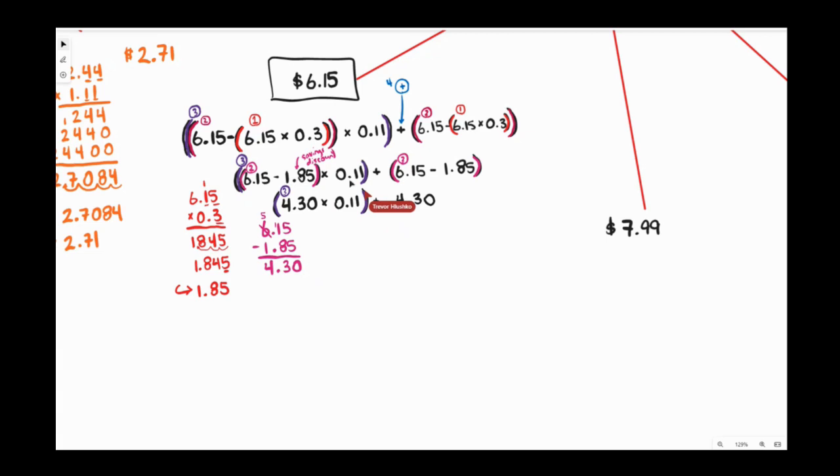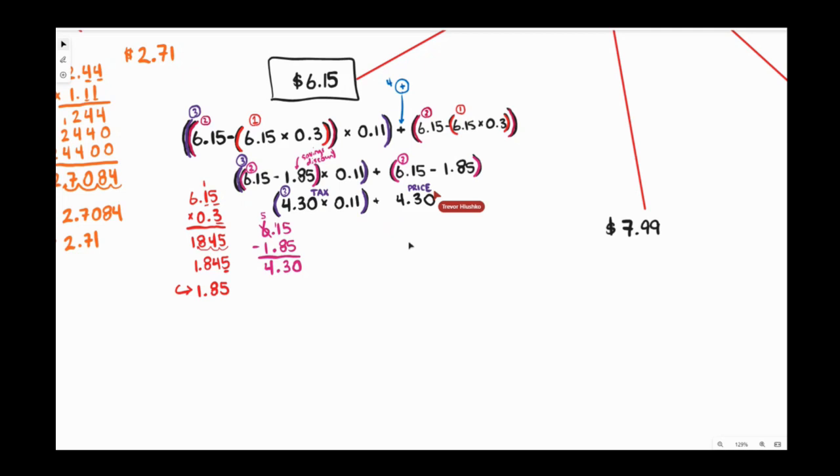So the 4.30 times 0.11, that is going to give me how much tax I'm paying. And then this is my price. Okay. So now I will get rid of the last set of brackets.